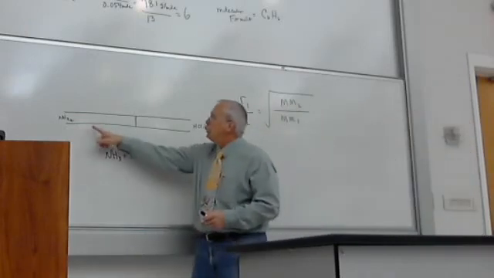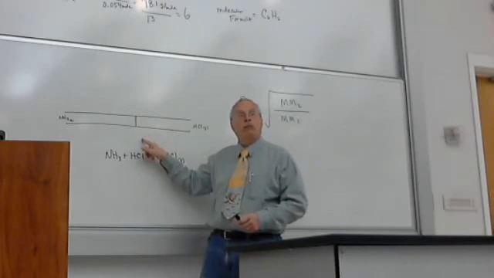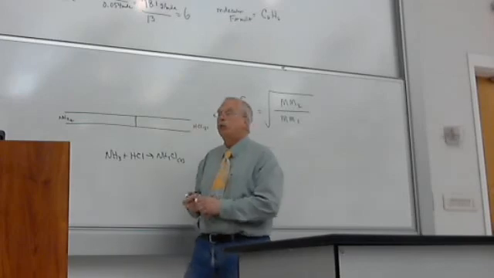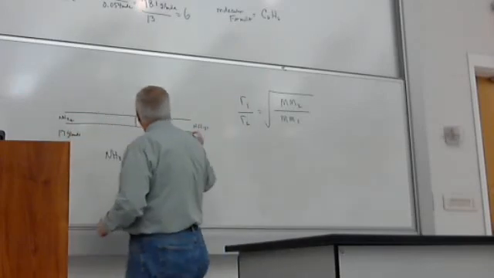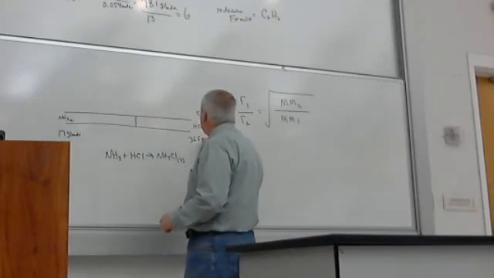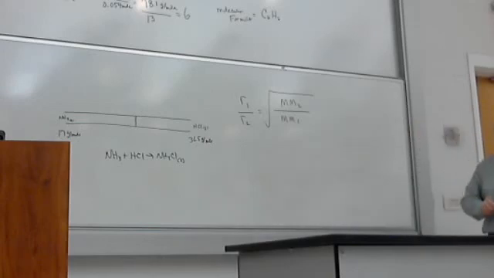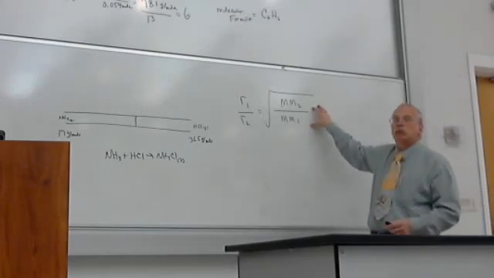Now, the distance that they travel will be different for each of these because these have different masses. The molecular mass of this one is 17 grams per mole. This one is 36.5 grams per mole. And we find that they should move according to this relationship.